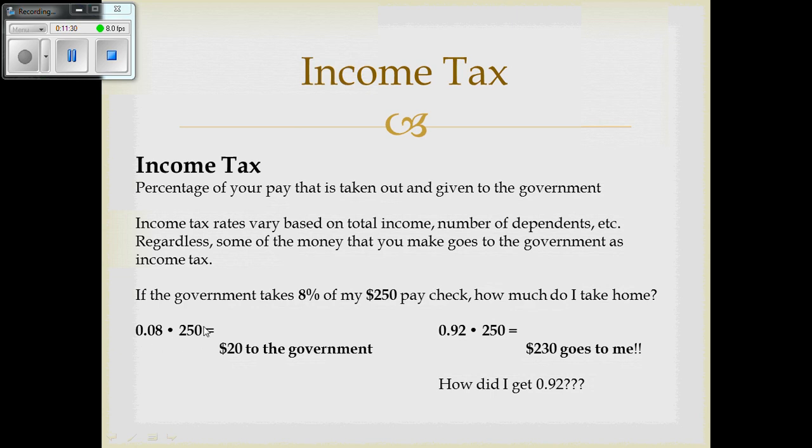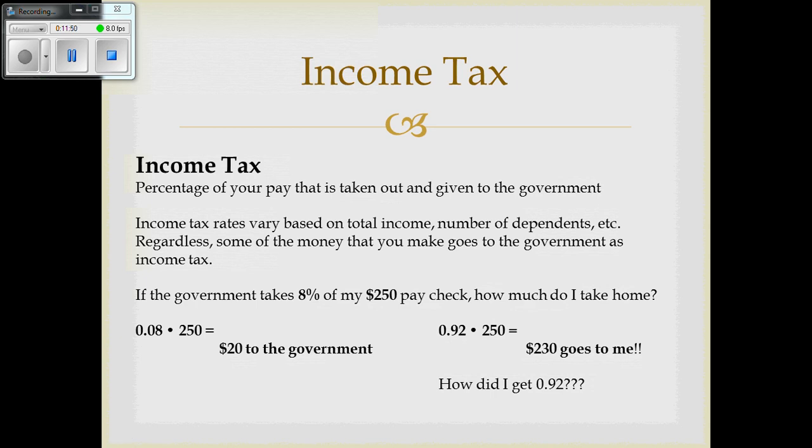Well, I can multiply that 8% as a decimal, 0.08, by the $250, and that's just going to give me the portion that goes to the government, which is $20. Now, 0.92, how did I get 0.92?